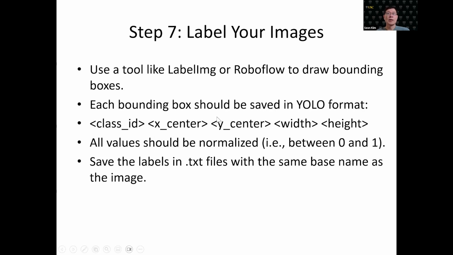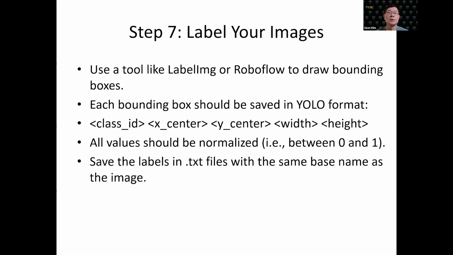Okay. And then, many times, when you use absolute numbers, it's not really convenient because the image size can be different. Like some images, the height is 480, the width is 640, and some images, the resolution is different, right?